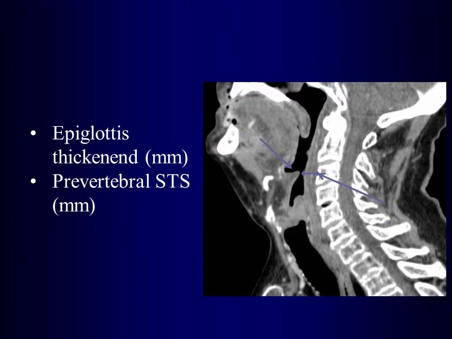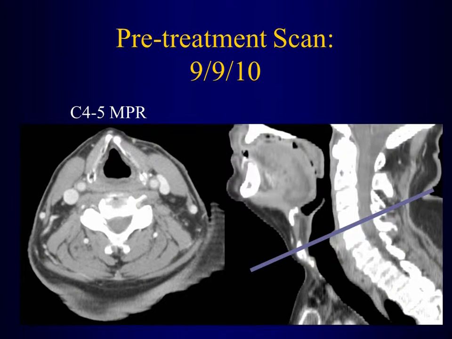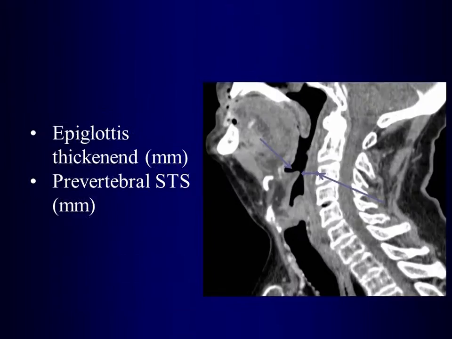Look at this patient post-treatment. Pre-treatment, nice thin epiglottis. If you look at the prevertebral soft tissue, very thin. Look post-treatment. You see how thickened the epiglottis is? And you see how thickened the prevertebral soft tissue is? You can imagine that that patient is going to have difficulty swallowing.